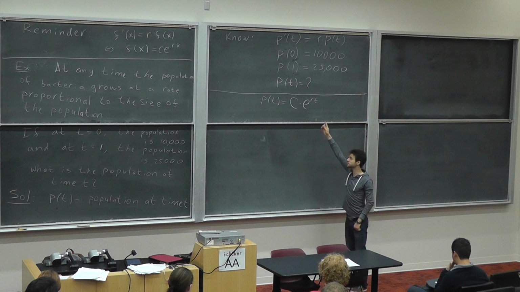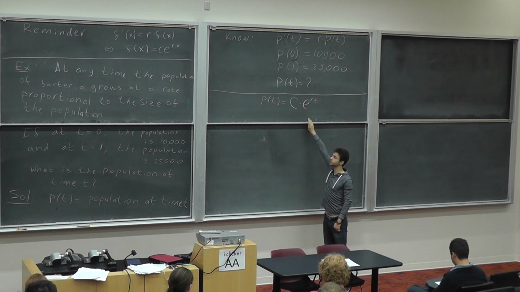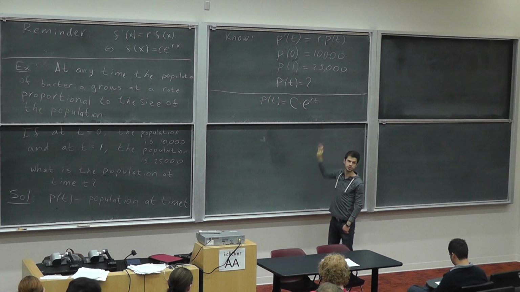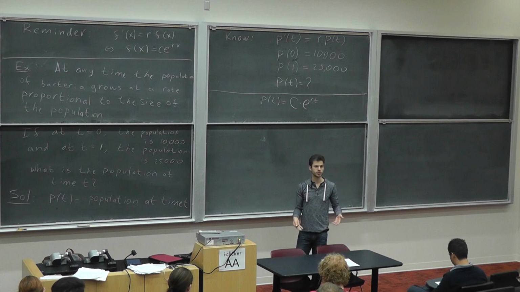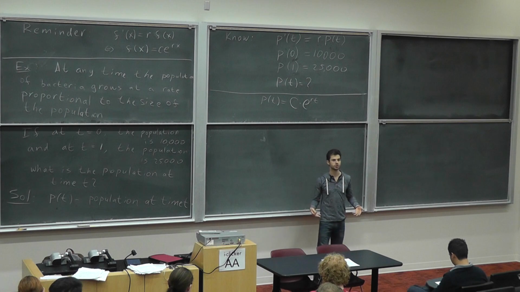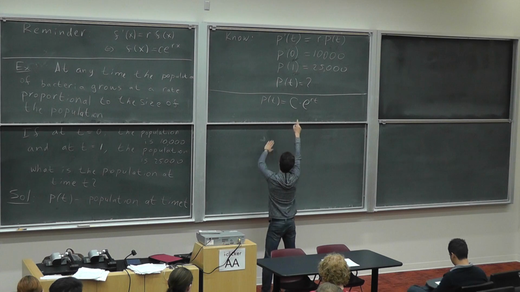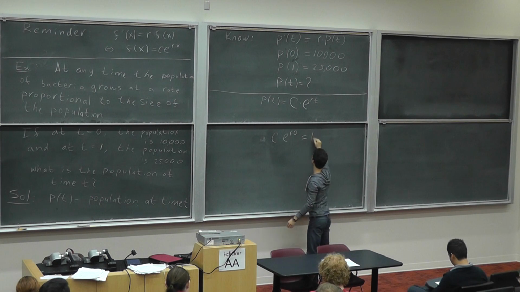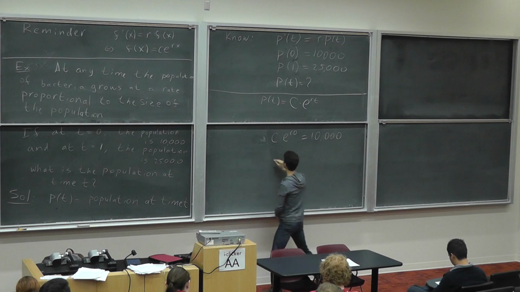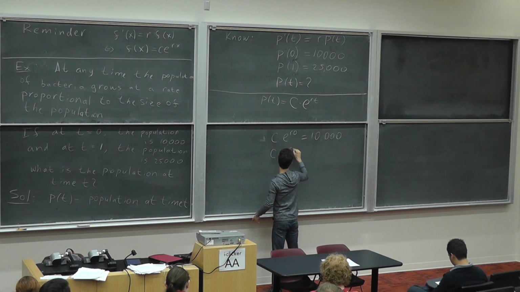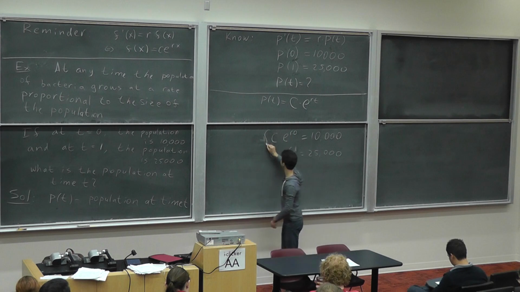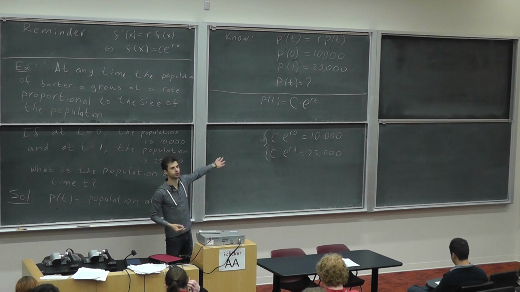We just plug in 0 and 1 into this expression and compare the results to the numbers on the right, 10,000 and 25,000. The result will be a system of two equations and two unknowns. P of 0 is c times e to the power r times 0, and it is 10,000. The second equation would be c times e to the power r times 1 is 25,000. So now you have two equations about two unknowns.